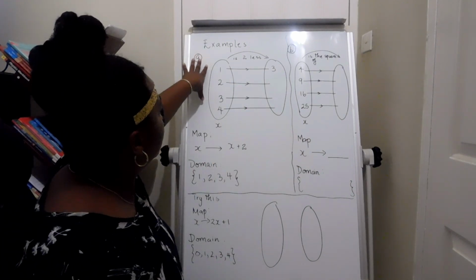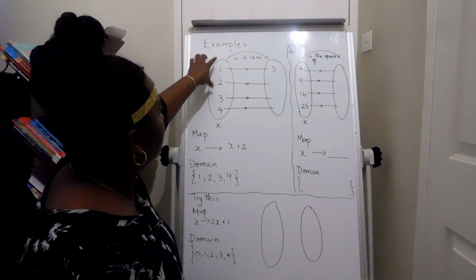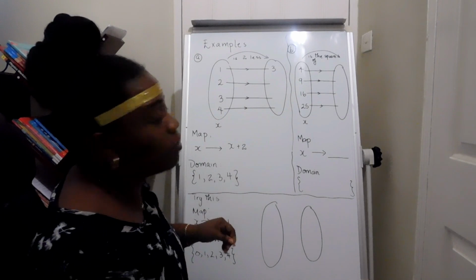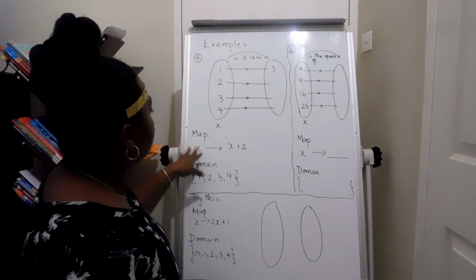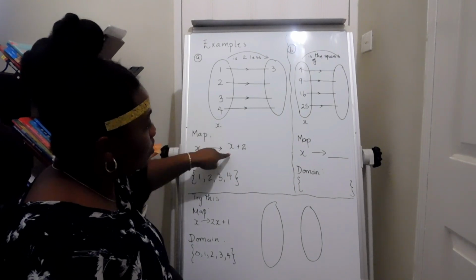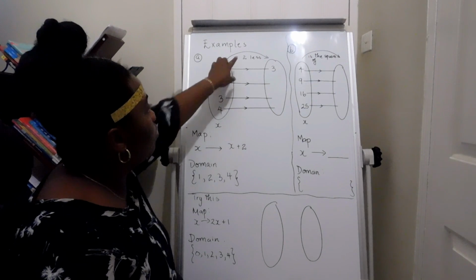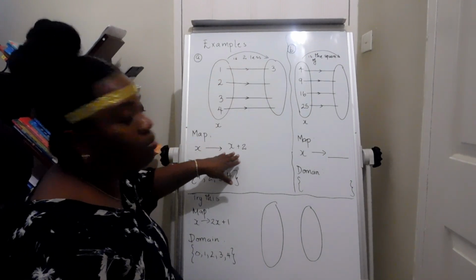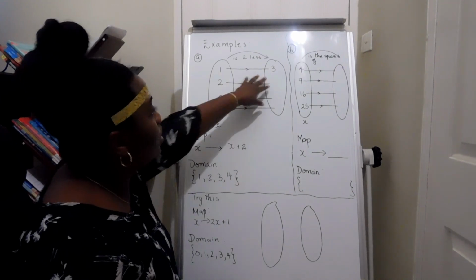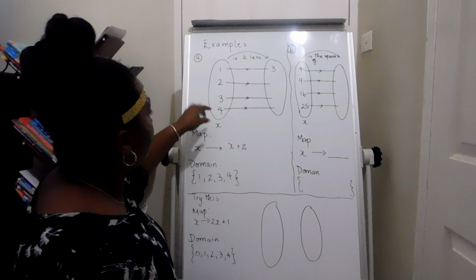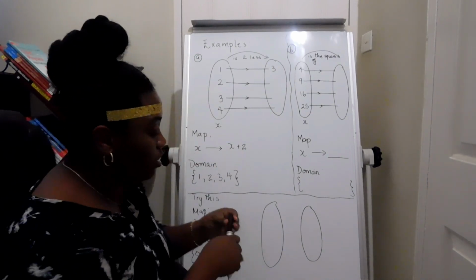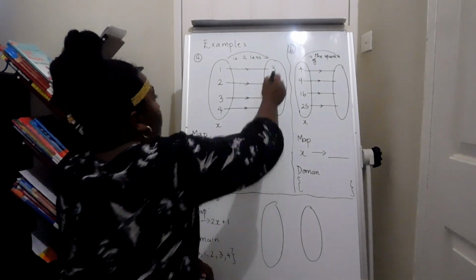This mapping is saying that the elements in here are 2 less than the images that they're being mapped to. So in this mapping, x goes to x plus 2. If you don't really understand this, you could use the map as your guide. If x is 1 and you add 2 to it, it's going to be 3. If x is 2 and you add 2, what is it going to be? Correct, 4.